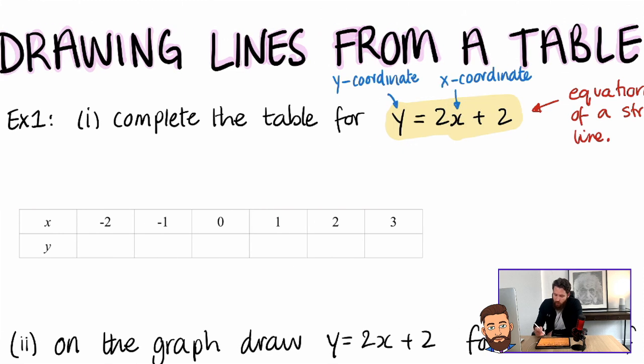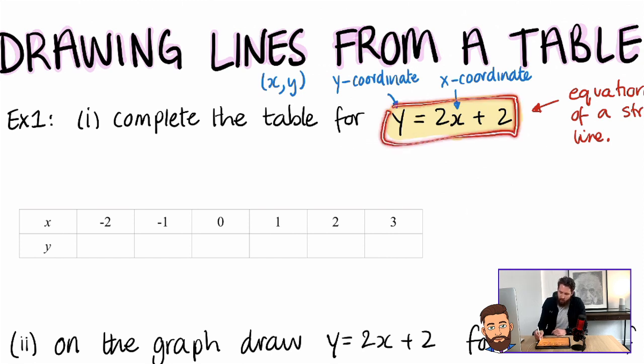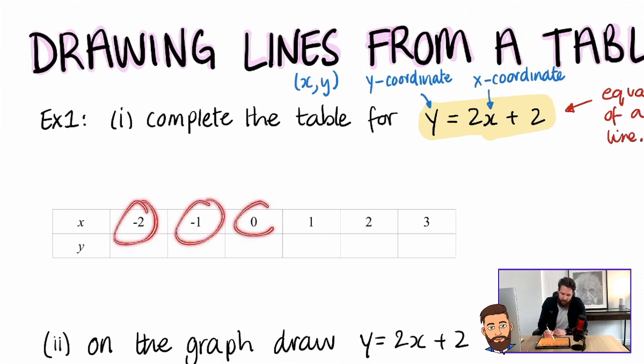And if we got x and y, what do we have? We have a coordinate. Okay, if we got x and y, we have an x and a y coordinate. And what do we do with coordinates? We plot them. So we can use this equation, which is the equation of a straight line. We can use some x coordinates that they've given us in a table. Yeah, we can see here that these are x. This whole row here is x.